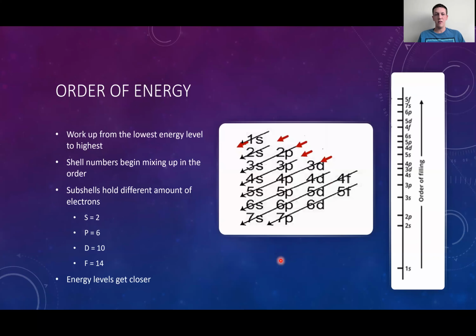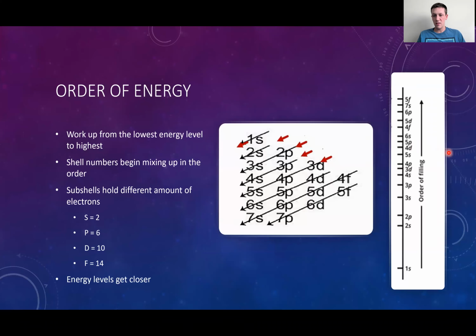This next slide shows what the order of filling these orbitals looks like. You start from the bottom and you work your way up. I have this chart over here that shows the order of the fillings, and it has the 1s on the bottom because that's the lowest energy level, and then it increases.